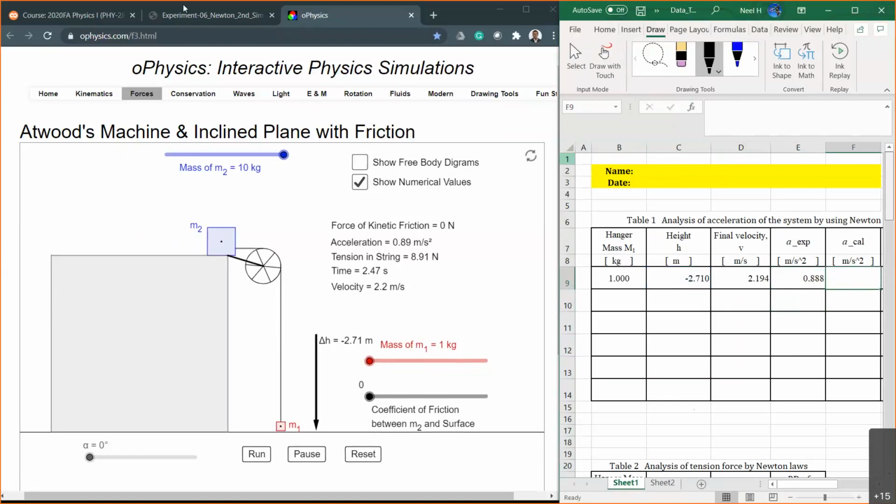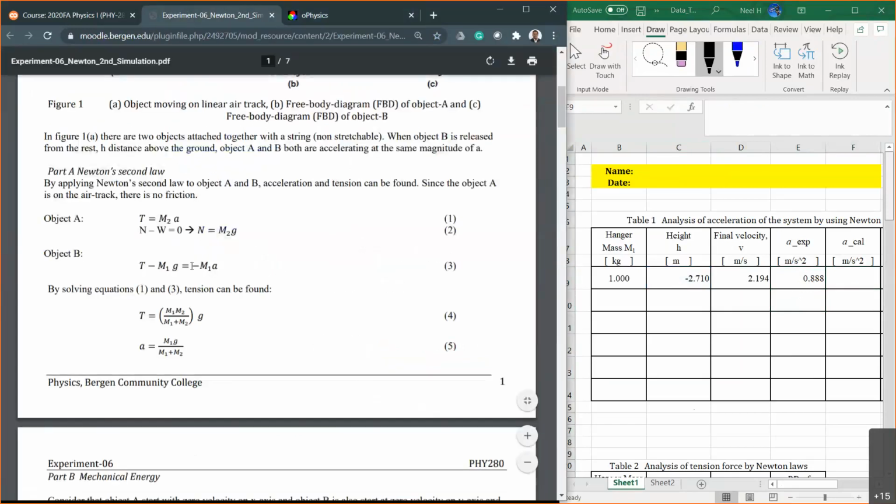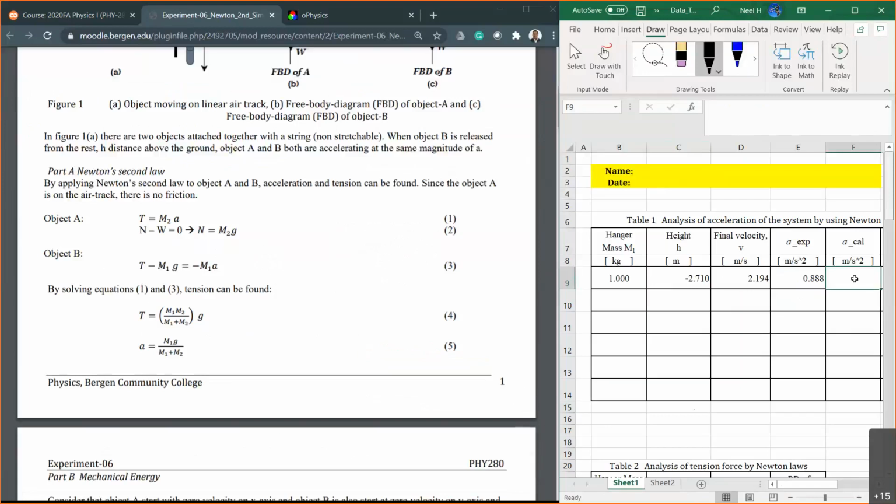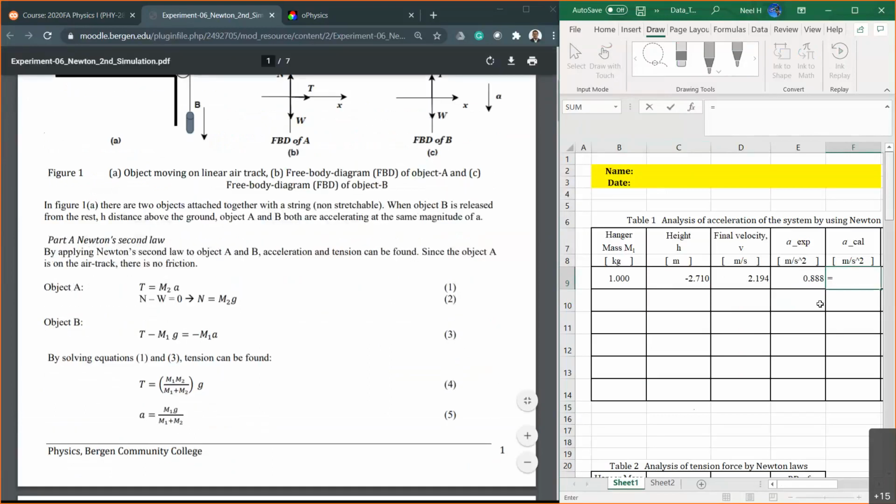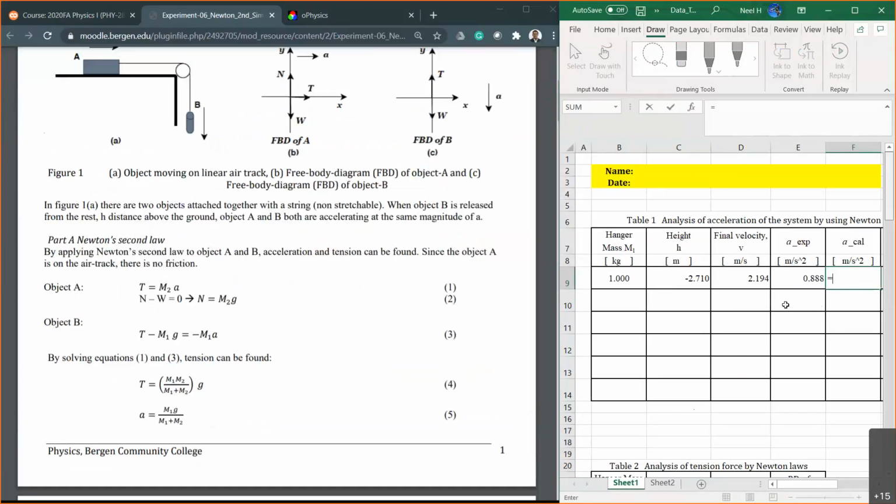And let's calculate the expected acceleration. This solution we did in class. That's why I did not do it purposely. But you should know how to do this exactly because we did this kind of question at least 2 or 3 times in class. Okay. So this is going to be equal sign m1 times g. M1 is the object moving vertically. In this case, M1 is this object multiplied by g, 9.81. Since we are in the Newton laws, 9.81 comes as just a number.